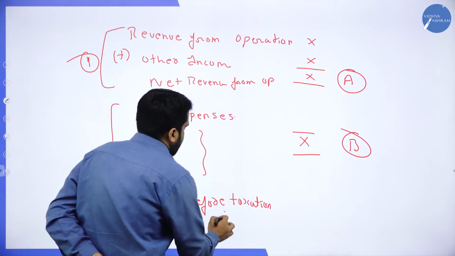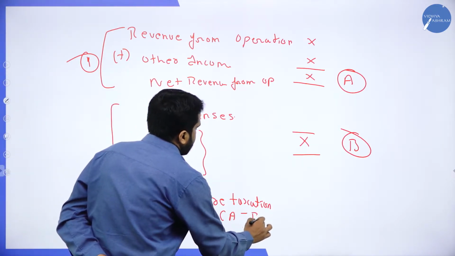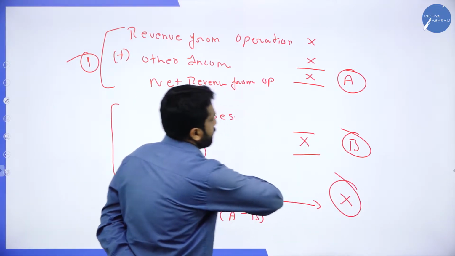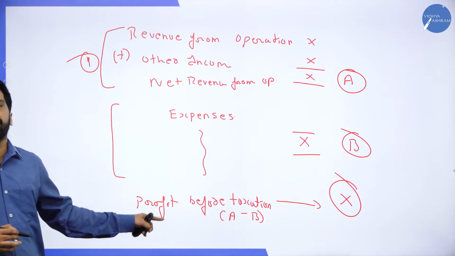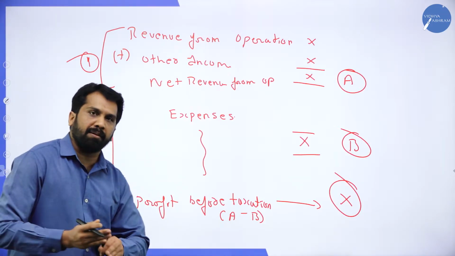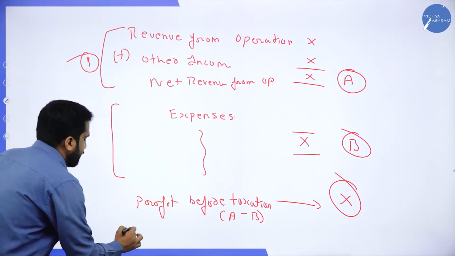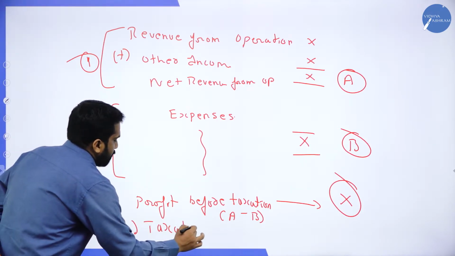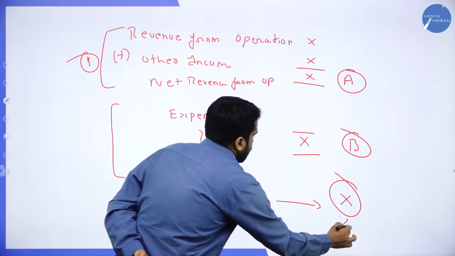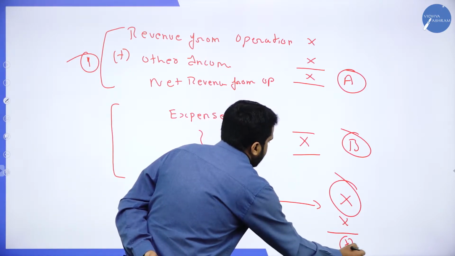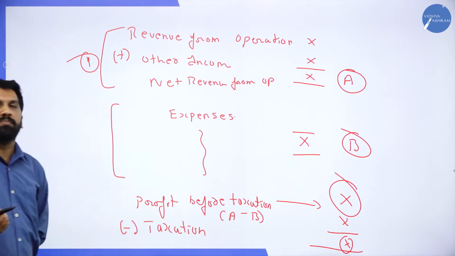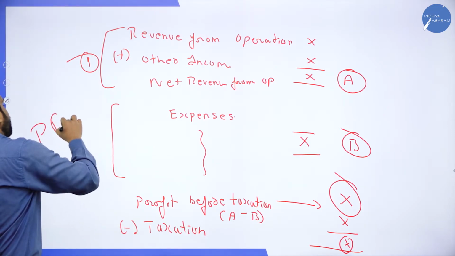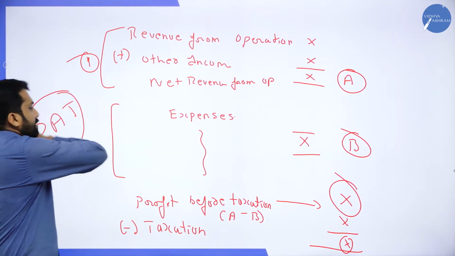Part A minus part B, you will get your final answer, that is profit before taxation. From this, if you minus taxation, you will get the final result called profit after tax.